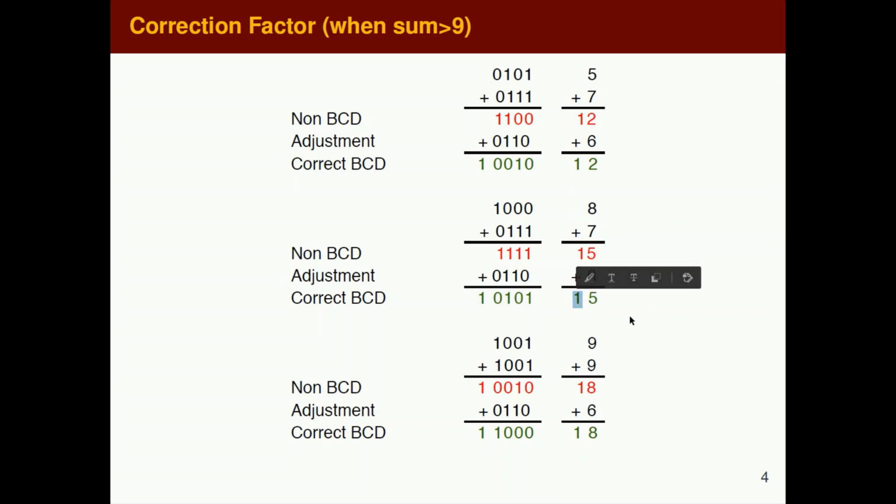So the answer will display BCD 15. Another example is you have 9 plus 9, which is 18. So 18 in non-BCD is 10010. So you have to add another 6, 0110, you get 11000, so equal to 18.